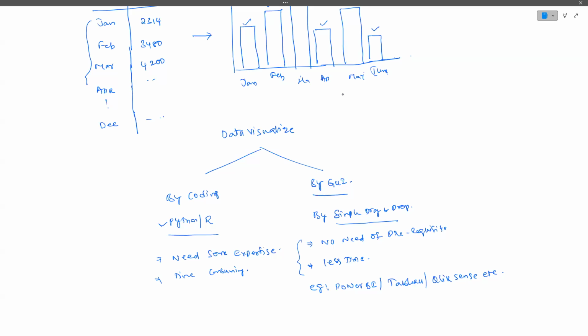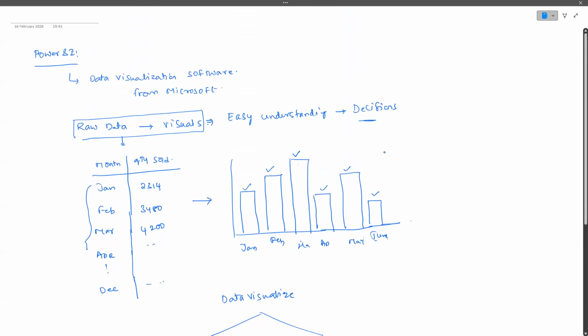That is the main reason why we prefer to learn data visualization tools like Power BI, Tableau or Qlik Sense. These are some of the tools we require. It is a completely GUI based data visualization software.